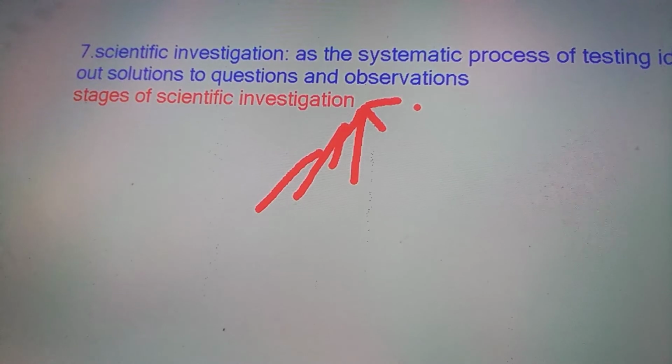We can name these stages. Stage number 1 is the observation. Step number 2 is prediction.